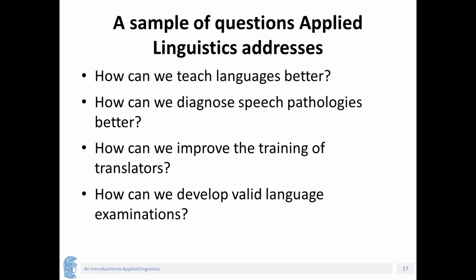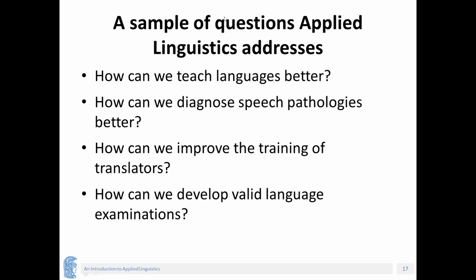How can we teach languages better? Yes, that is a very huge concern in the area of applied linguistics. How can we teach students languages better? How can we diagnose speech pathologies better? Speech pathologies means problems related to speaking.